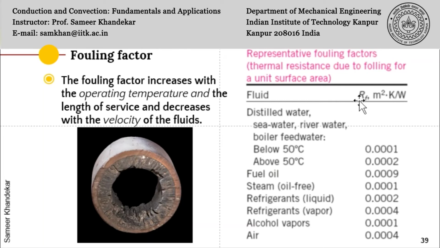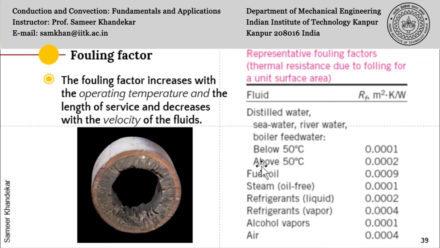This fouling factor is in meter square Kelvin per watt. So it is the reverse of your heat transfer coefficient. A larger heat transfer coefficient means a smaller resistance, and therefore this R_f in a way is a reciprocal of h. So 1 upon h has the same units as R_f.